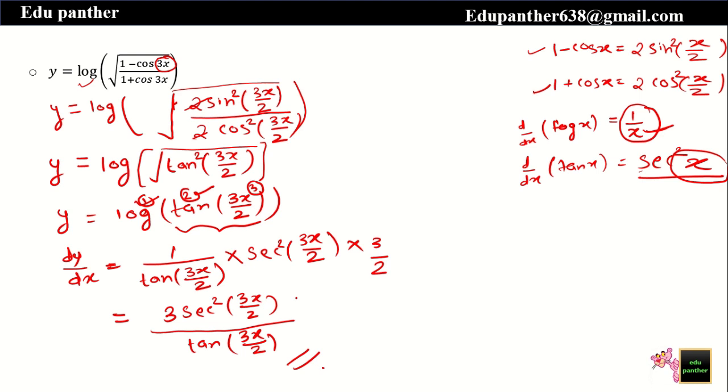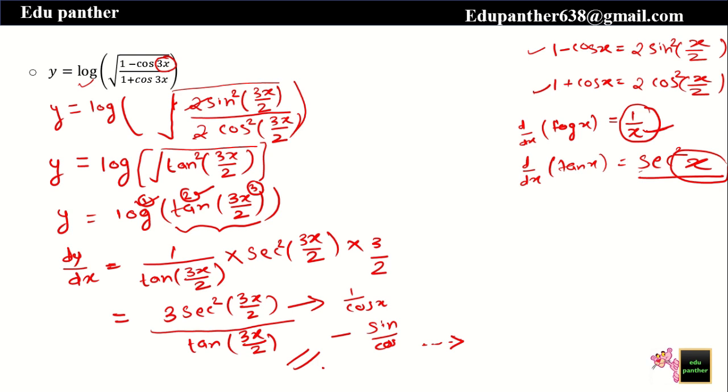Can you further simplify this expression? Is it possible? Yes. By writing this sec as 1 upon cos, then similarly this tan as sin upon cos, we can further simplify. So that is left as an exercise for you, the further simplification of this expression. So this is the derivative.